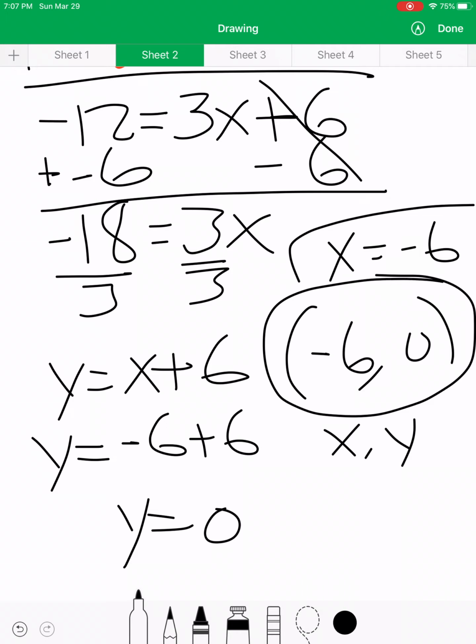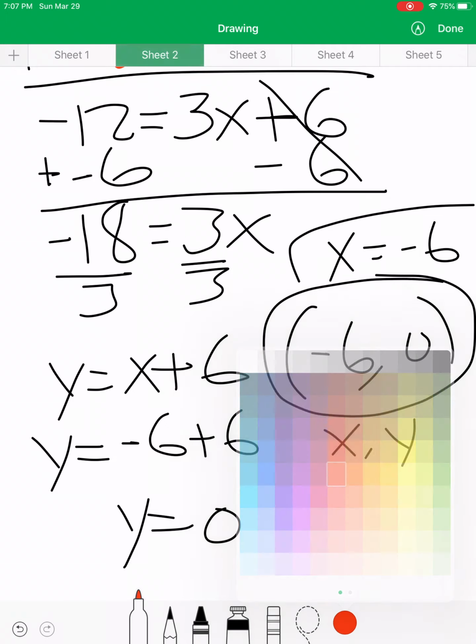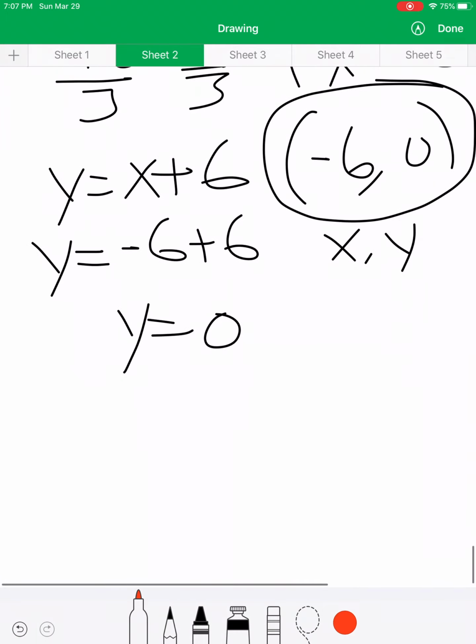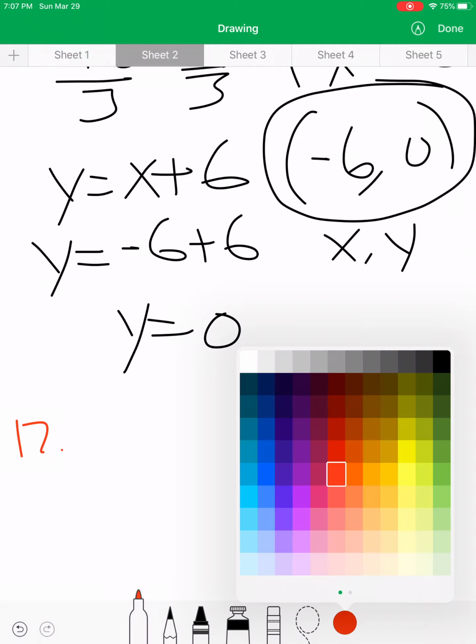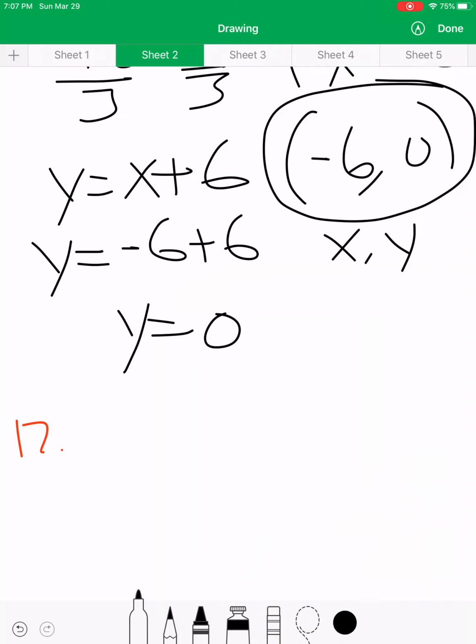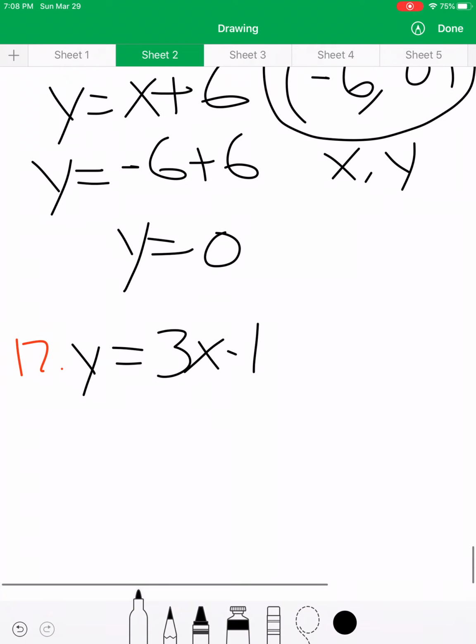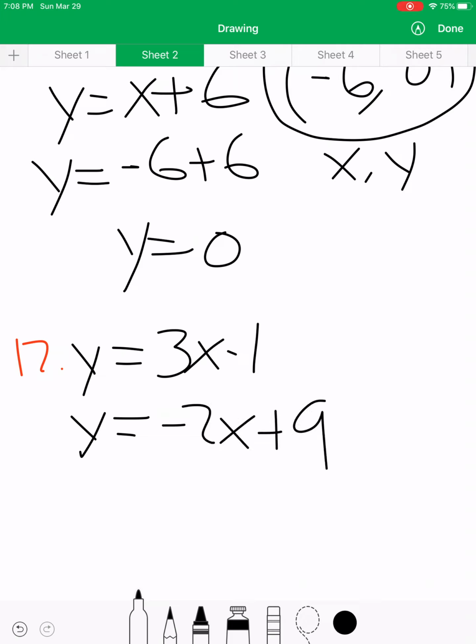All right, second to last one now, number 17. It is y equals 3x minus 1 and y equals negative 2x plus 9.